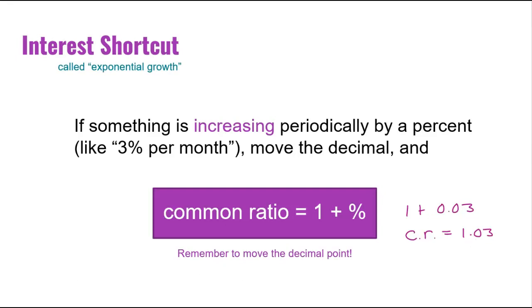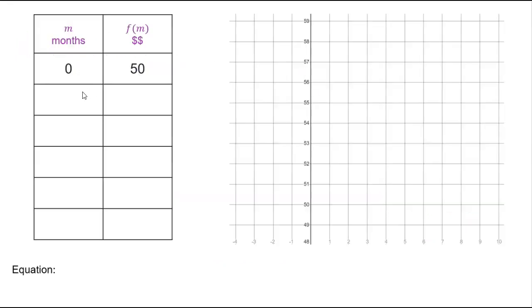So let's use that shortcut to make it a little bit easier to fill in this table. We know at each month we get paid interest, and we're going to use that common ratio, 1 plus the interest equals 1.03. That's going to be what we multiply by.